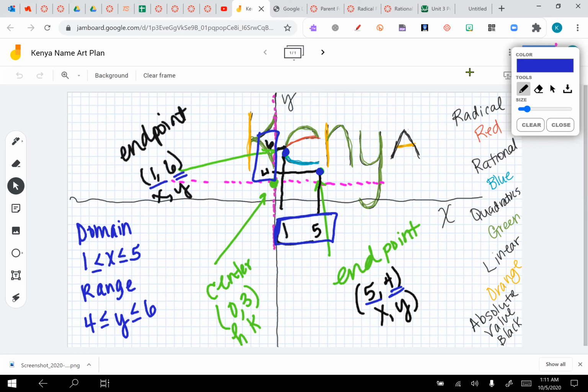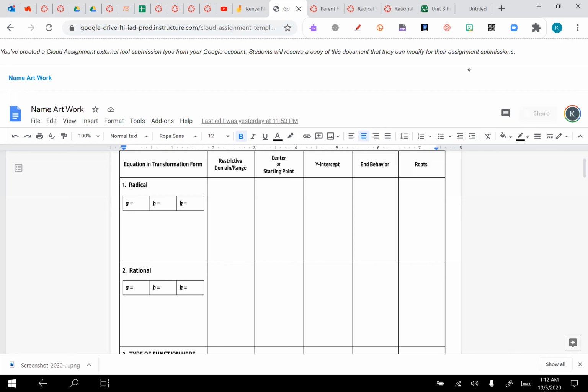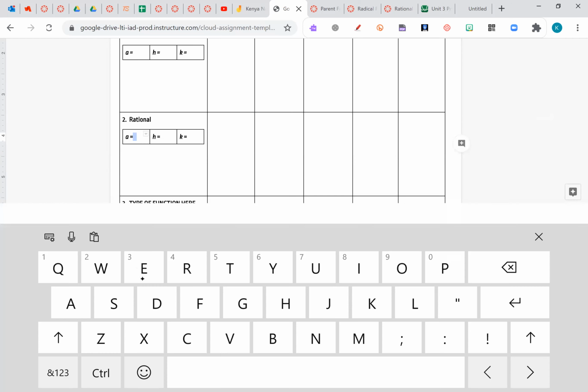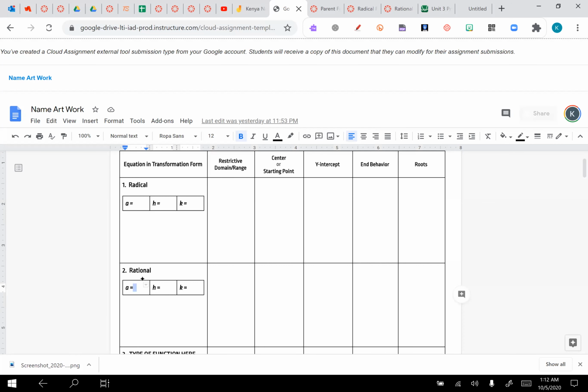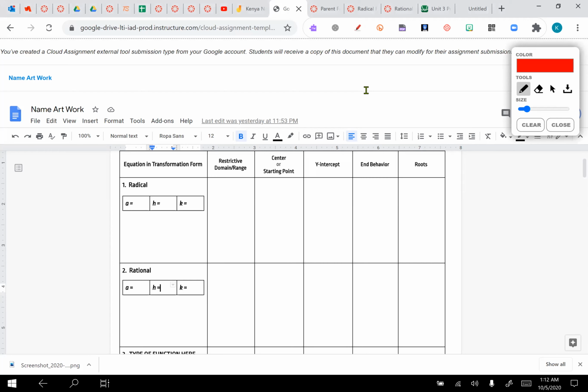So let's go ahead and fill out our table. All right, so a is 3, h is 0, and k was 3.